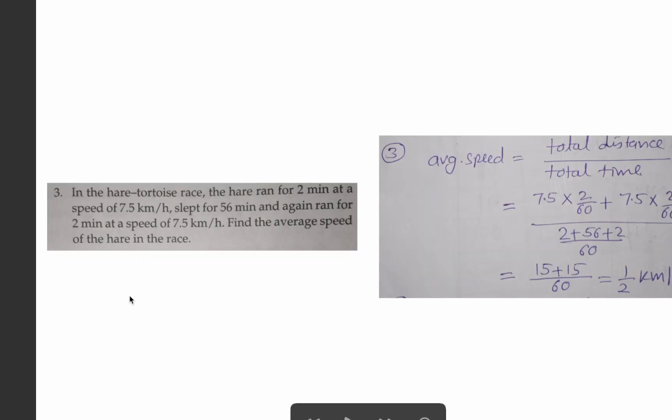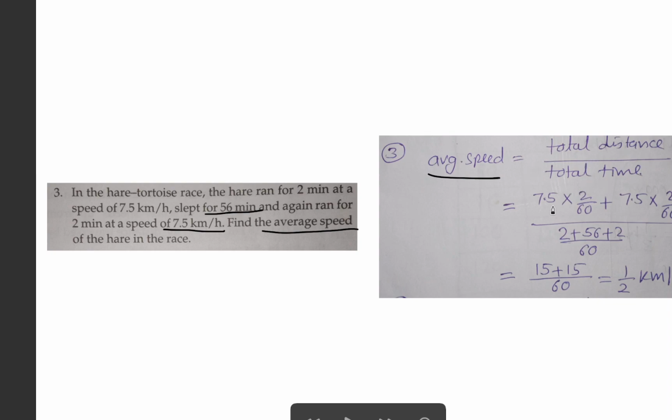In the third question, in the hare tortoise race, the hare ran for 2 minutes at a speed of 7.5 km per hour and slept 56 minutes. Again ran for 2 minutes with the speed 7.5 km per hour. Average speed: we know the formula of average speed is total distance divided by total time.